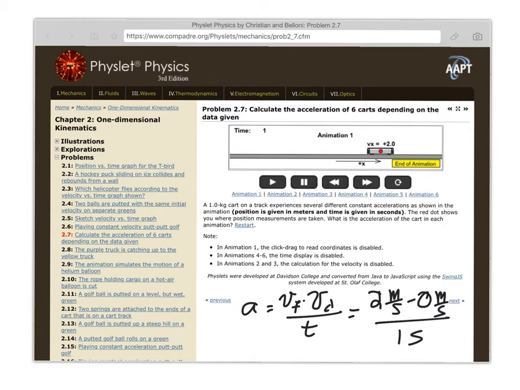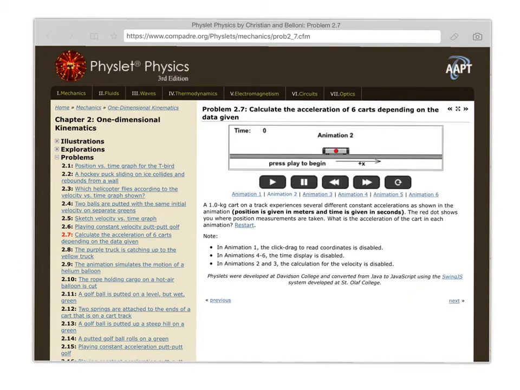You can't just assume 0 meters per second, and you'll see that, I think, in animation 3. Okay, let's play 2. Now, see how it's starting slow, getting faster, faster, faster. Okay, this one went 1.2 seconds, but we don't have the velocity. So go back to question 1 where I showed you there's 2 ways of doing this, and let's do it both ways.